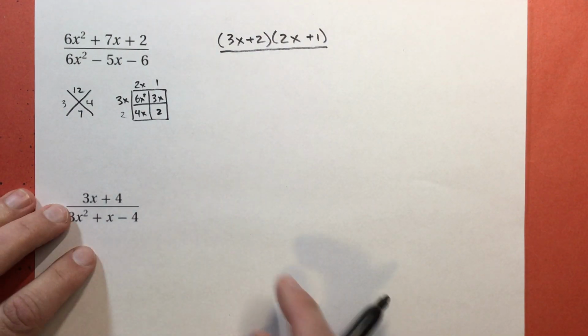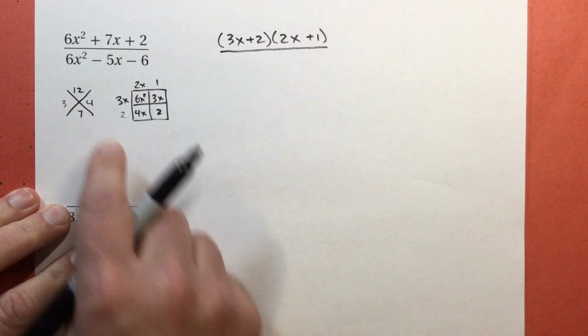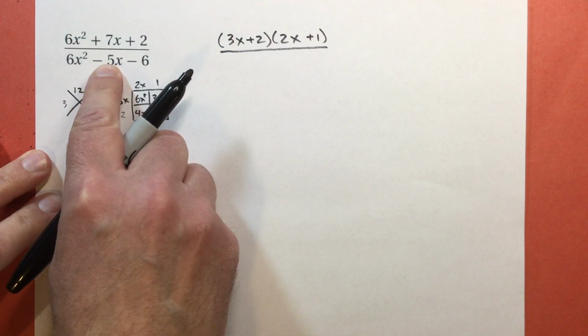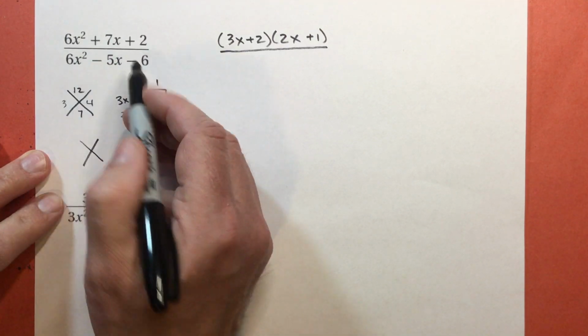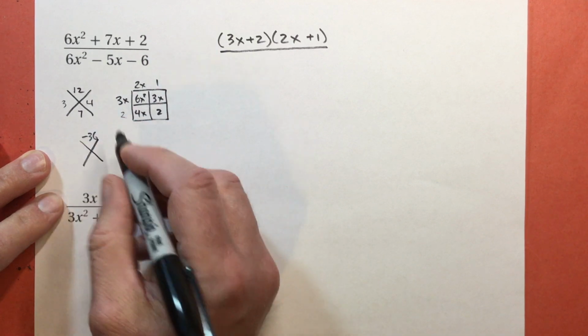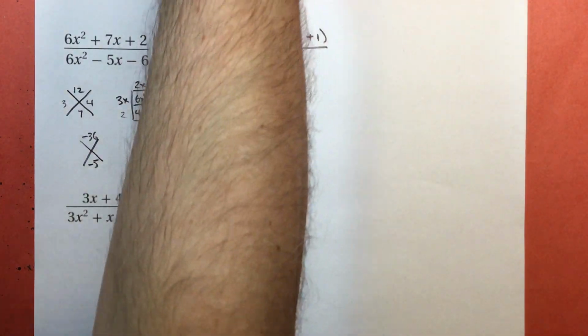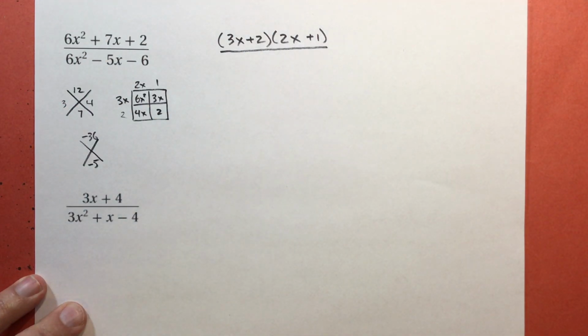Now I can do the same thing with the polynomial in the denominator. By the way, I can do this on scratch paper or something, okay? I just need to get the factors. Do my diamond, 6 times negative 6 is negative 36, and they're going to add to negative 5. Sorry, I had to grab my computer real quick.